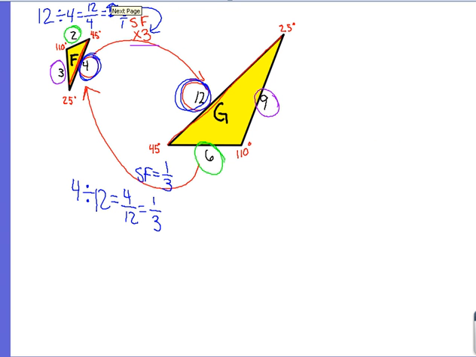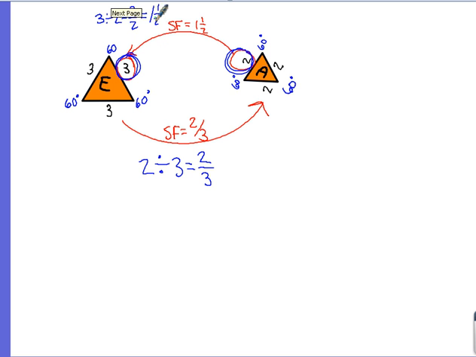One scale factor was 3/1 or 3, and my other one was 1/3. And I had a scale factor of 1 and 1/2, which could be written as 3/2, and the other one is 2/3.